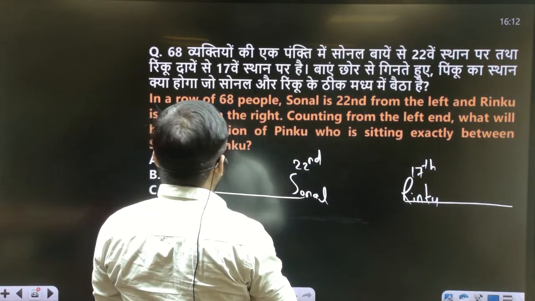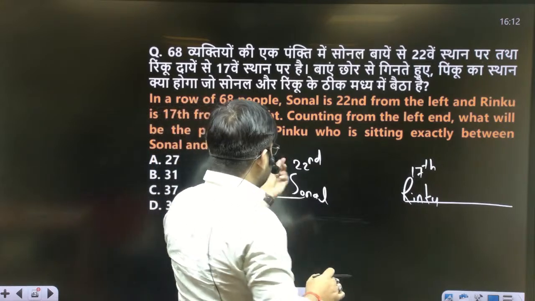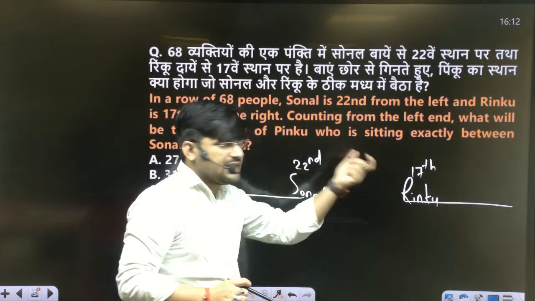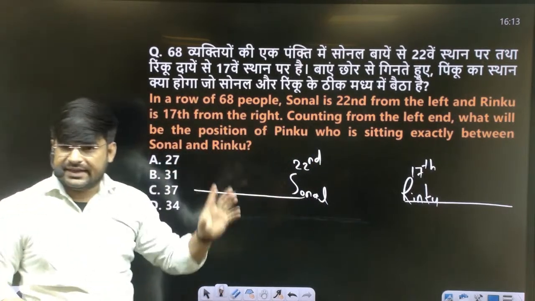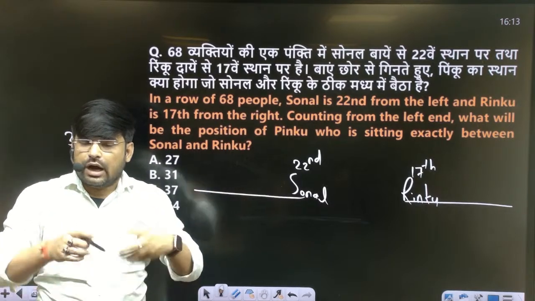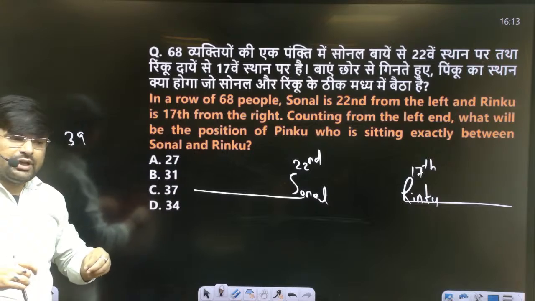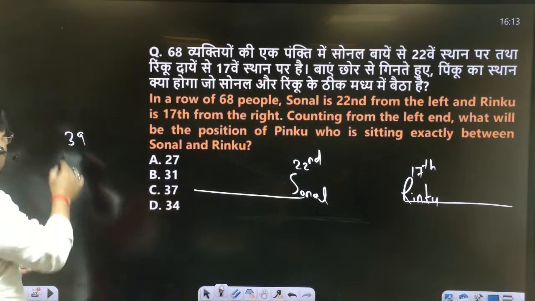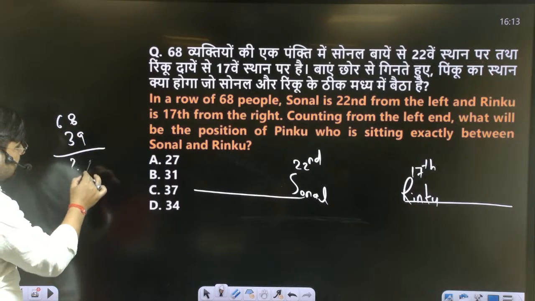Counting from the left end, what will be the position of Pinku who is sitting between them? If you add 22 plus 17, it's 39. 39 is less than 68. To find out the middle number, you have to subtract 39 from 68. It's 29.